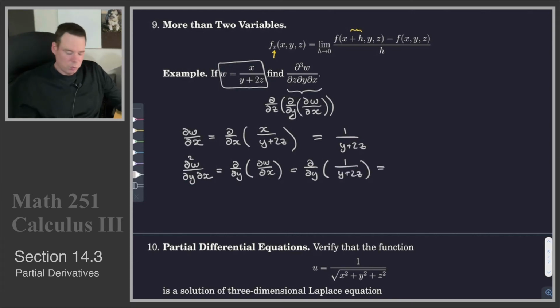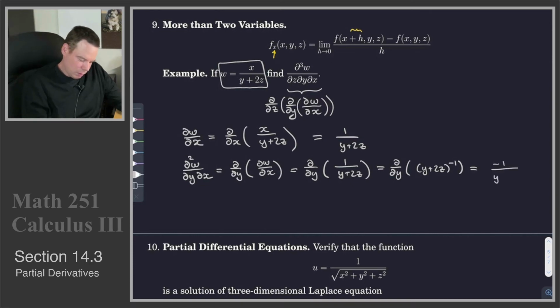We could use the quotient rule here, or we could use a power rule by just noting that this is y plus 2z to the negative 1. In this case, I'll use the power rule, so the negative 1 comes down, and then our new exponent becomes a negative 2, so we get a y plus 2z all squared. And then the derivative of the inside, that's just a 1, because the inside is just y plus a constant. And so the derivative of y is 1.